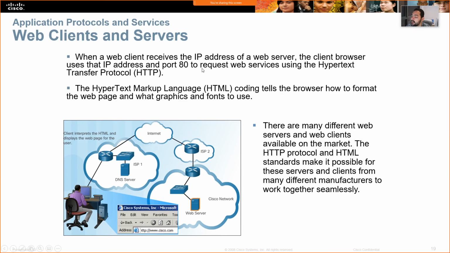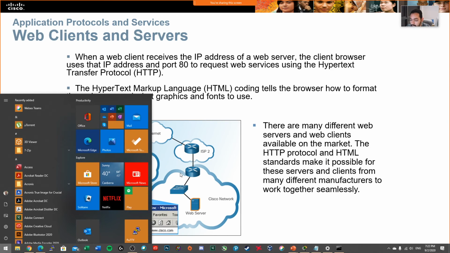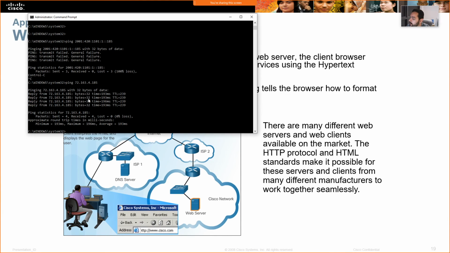When it comes to a web client, there's something else, guys. So we executed the command nslookup, so we could resolve the domain name to an IP address. You need to keep in mind that you can do the opposite as well. So you can execute the command nslookup if you know the IP address and you want to find out the domain name.